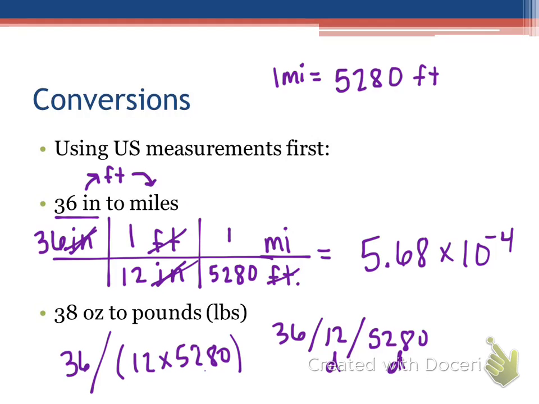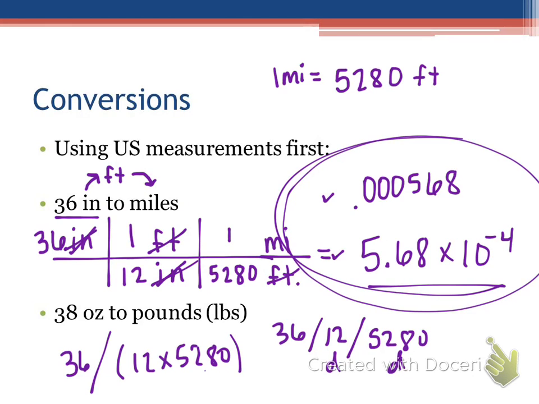But what this is saying is that we have a really small number. Some of your calculators might have given you a number that looks like this. Either of those answers is acceptable because they mean the same thing. So did we get a really small number like we were expecting? We expected our number to be really small.